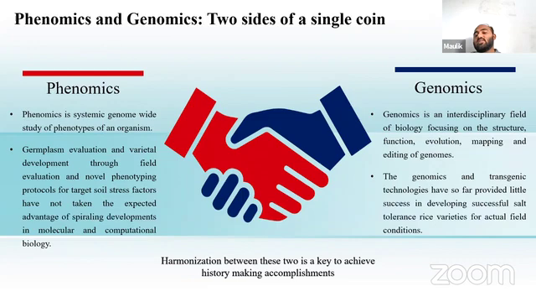And genomics is the interdisciplinary field of biology focusing on the structure, function, evolution, mapping, and editing of genomes. Genomics and transgenic technology have so far provided little success in developing salt tolerant rice varieties for actual field conditions.